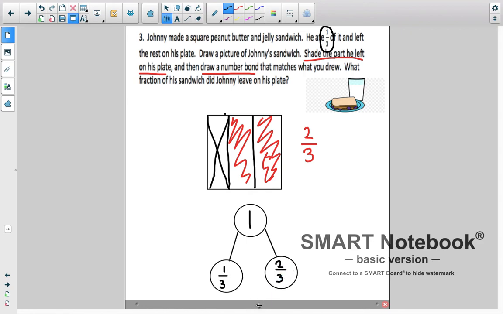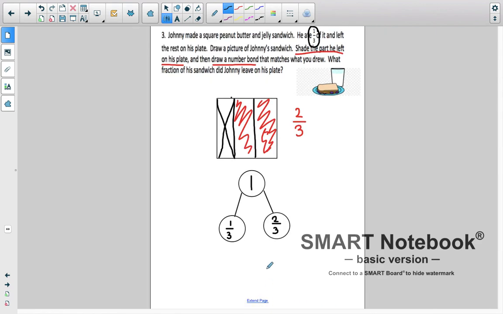Now, if you want to challenge yourself, we can write the unit fraction for 2/3. What is our unit fraction? Our unit fraction is 1/3, because this piece is 1/3, and this piece is 1/3. Each of these pieces equals 1/3, 1/3, 1/3.